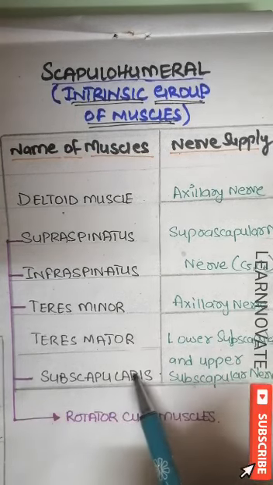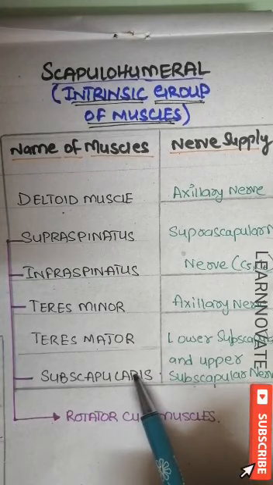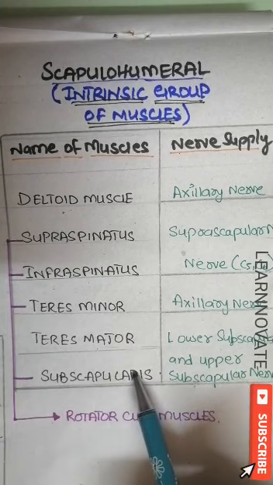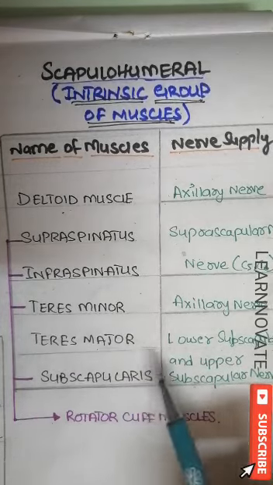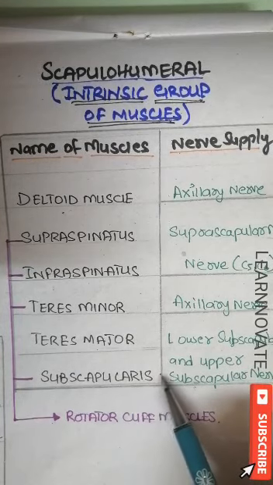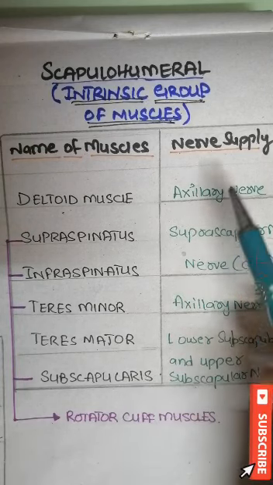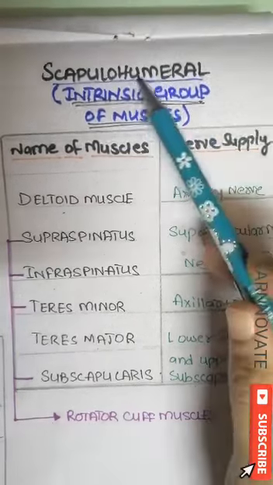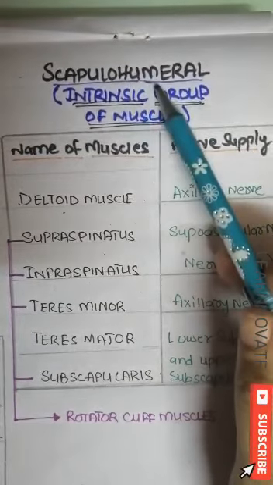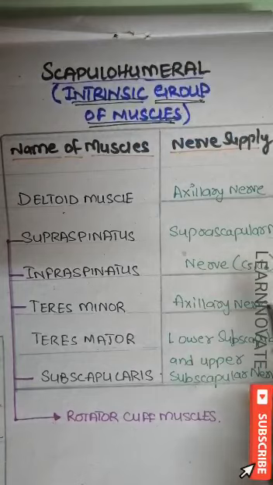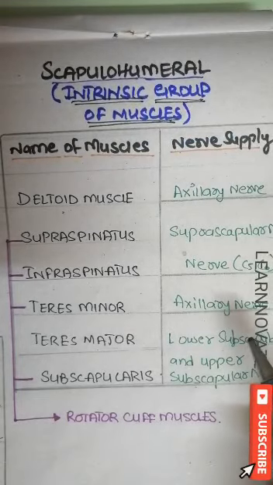These are all major intrinsic muscles because they completely surround the shoulder joint that is formed between the humerus and the scapula. That shoulder joint I have discussed in a separate video. It is covered by the muscles that we call the scapulohumeral muscles because they are present around the scapulohumeral joint, the shoulder joint between the scapula and the humerus.